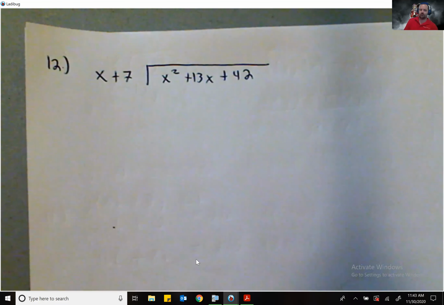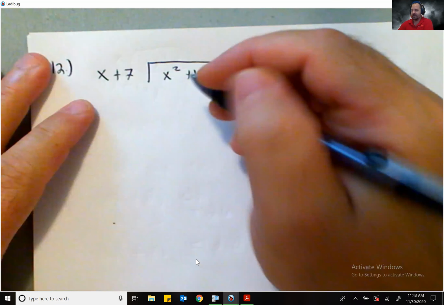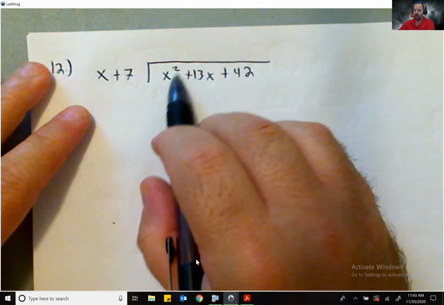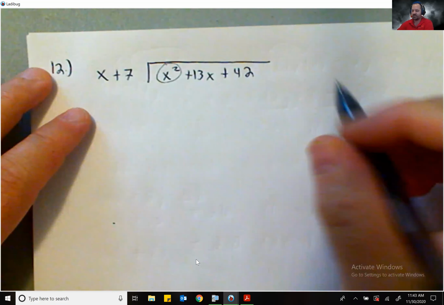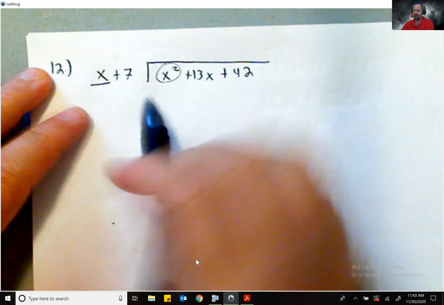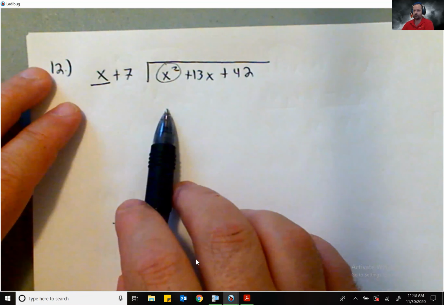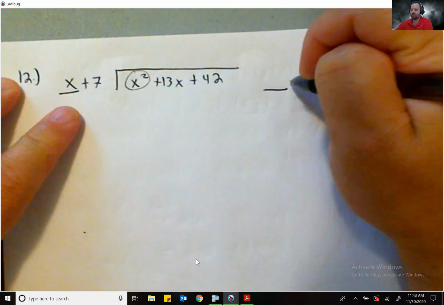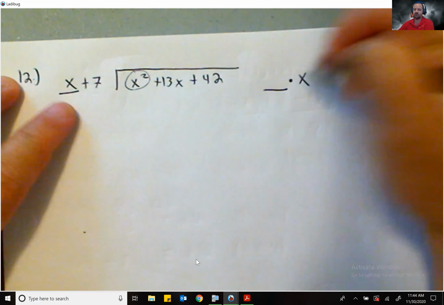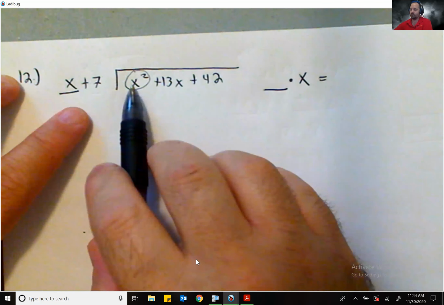All right. So let's do some long division. Remember, this is the first guy you want to get rid of. And this is who we're going to use to help us get rid of all of our first terms. So we need to figure out what times my x will give us x squared.